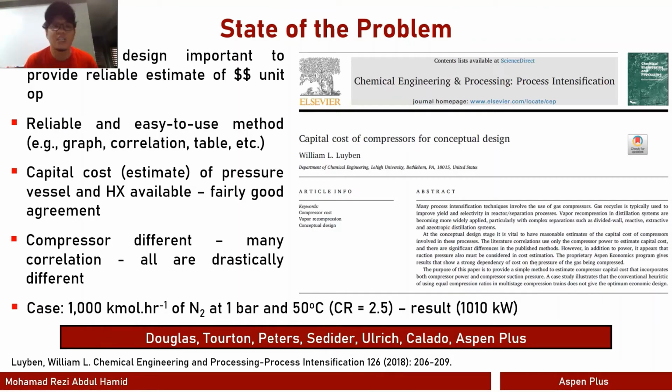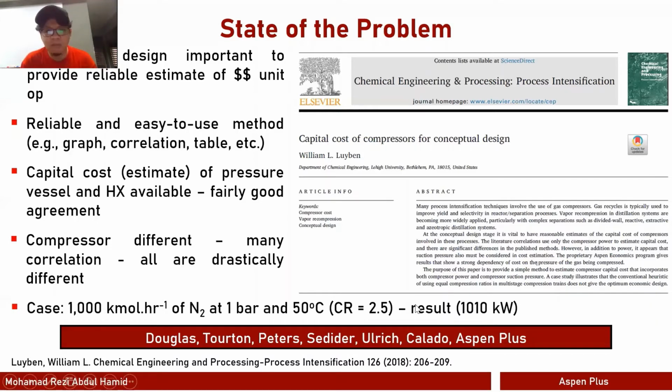The author used a case where the compressor compresses 1000 kilomole per hour of nitrogen at 1 bar and 50 degrees Celsius, with a compression ratio of 2.5. Based on his Aspen Plus result, the required brake horsepower is 10 kilowatts, which we will try to confirm later.